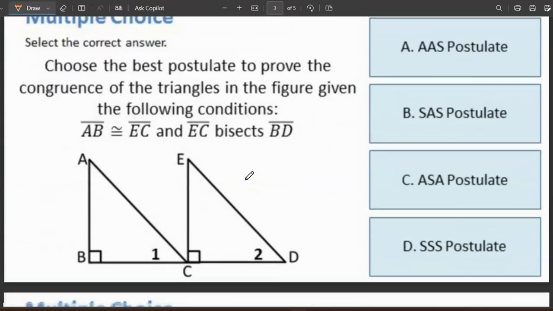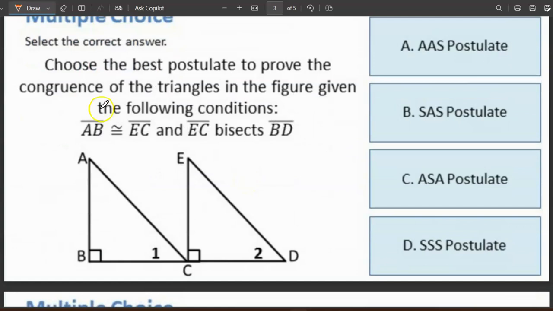Next, we have AB is congruent to EC. This is congruent to this. And then, segment EC, this one, bisects BD. So again, when we have a bisector, it is the same as a midpoint. A bisector is a line segment that will divide another segment into 2 equal parts.